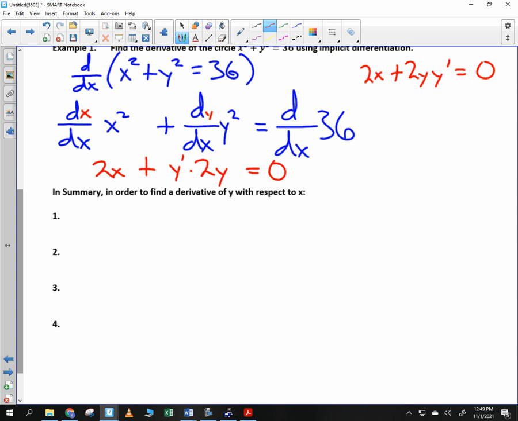And I want to solve for y prime. So I subtract the 2x. So 2y y prime is equal to negative 2x. I divide by 2y. I get y prime is equal to negative x over y.